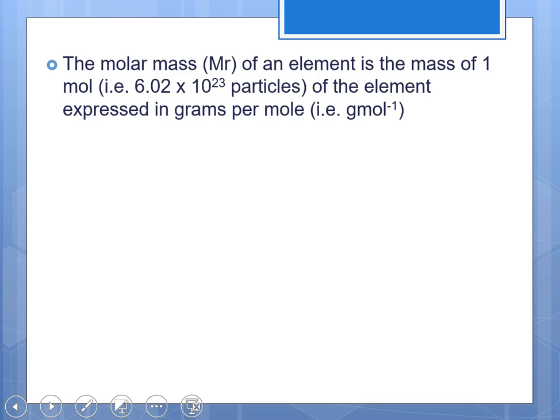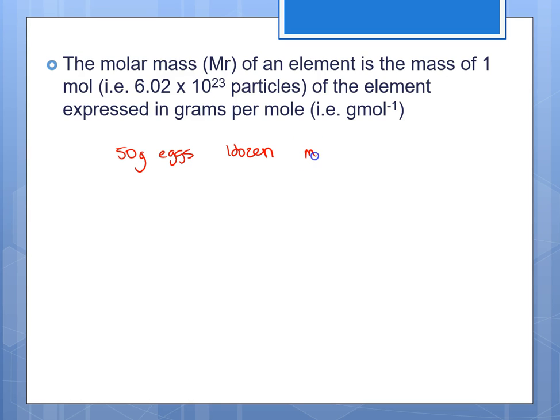So if we had 12 50-gram eggs and we wanted to talk about 1 dozen, the molar mass is the mass of 1 mole, so this is like talking about a dozen mass.